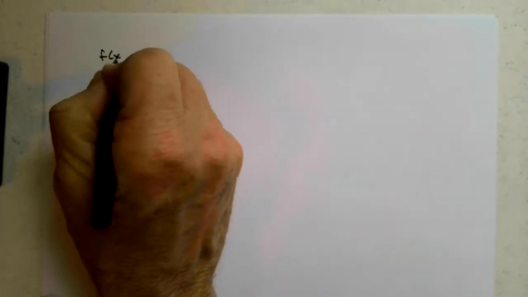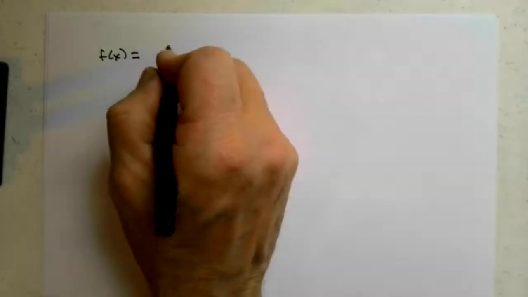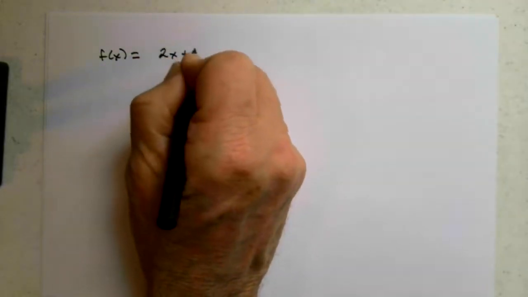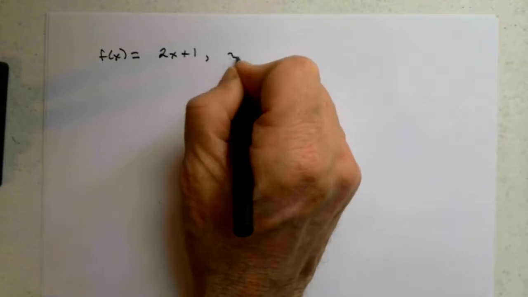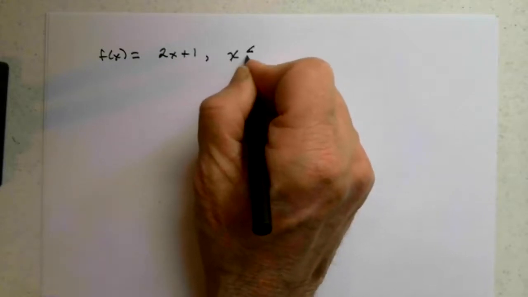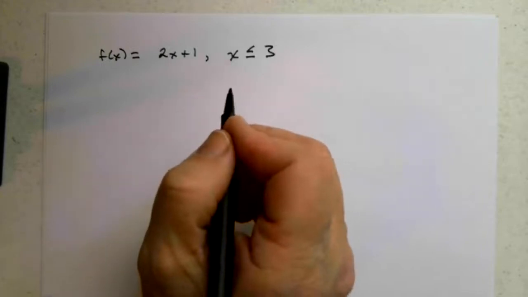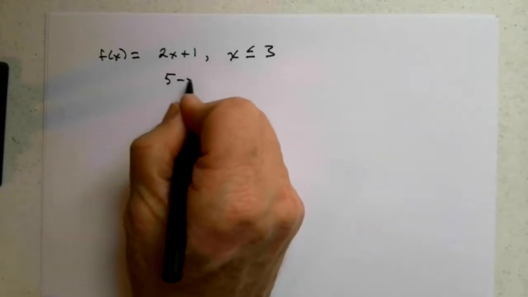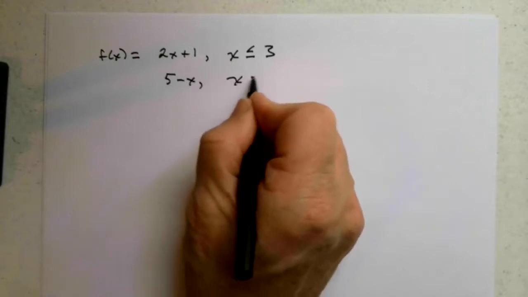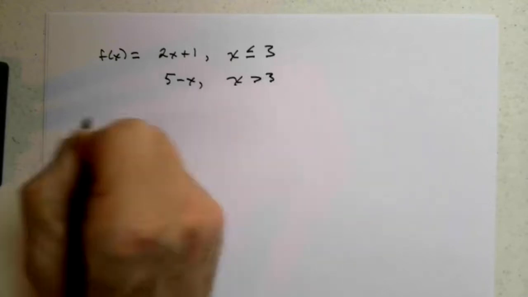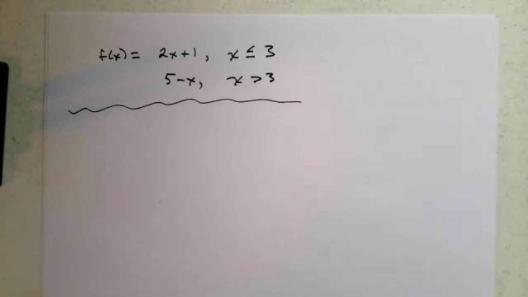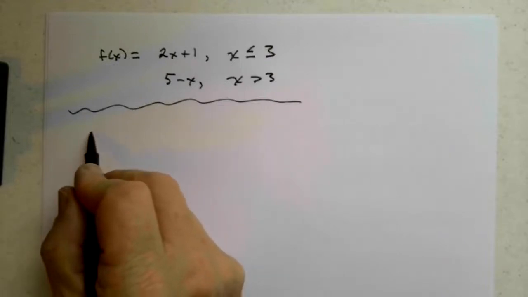F of x equals 2x plus 1 if x is less than or equal to 3, and it equals 5 minus x if x is greater than 3. So we need to look at what happens as we approach 3 from the left and what happens as we approach 3 from the right.